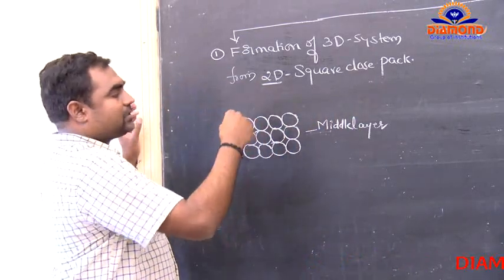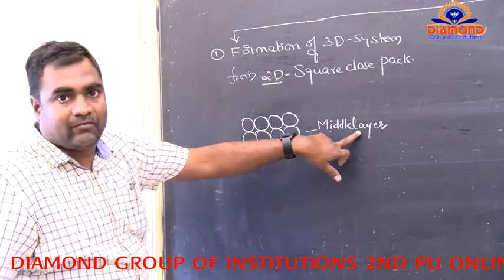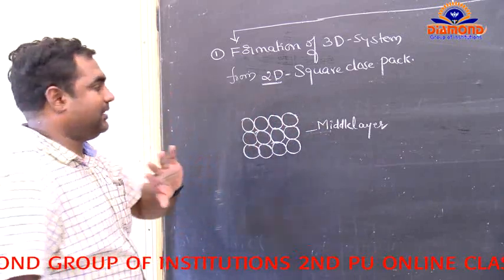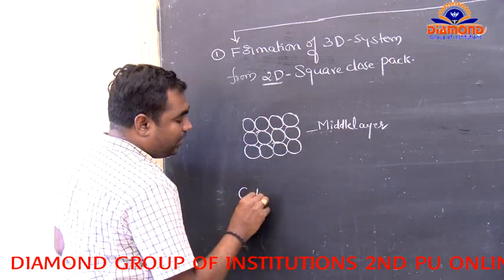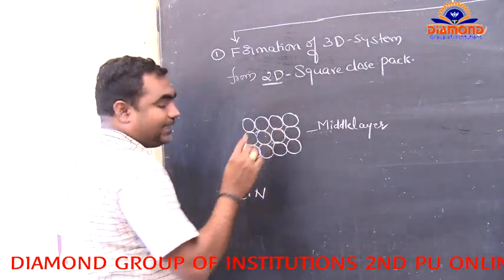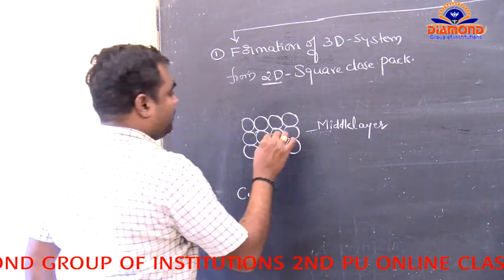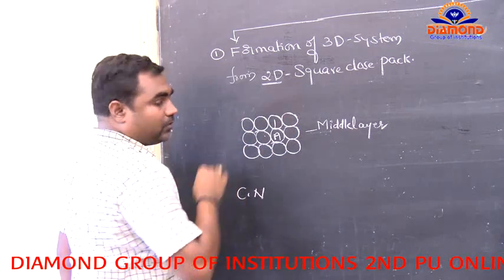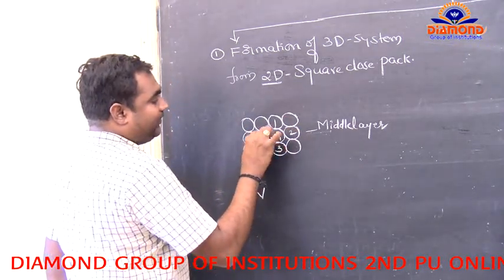Here it is the middle layer. Back side of this middle layer, one layer is present, and above it, one layer is present. Now the coordination number for this point: it belongs to 1, 2, 3, and 4.